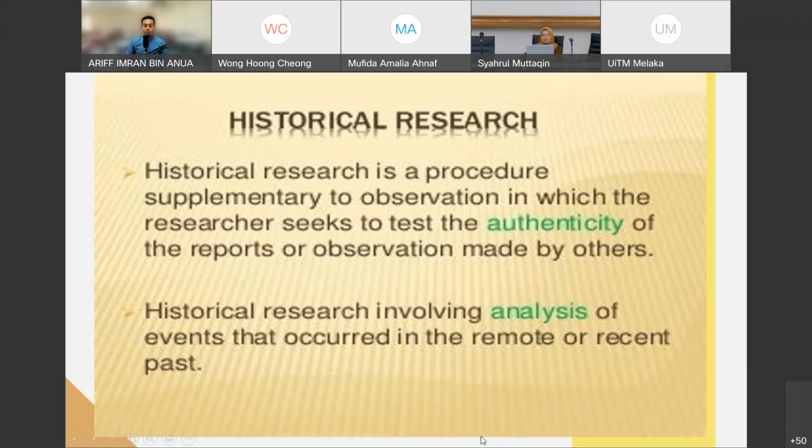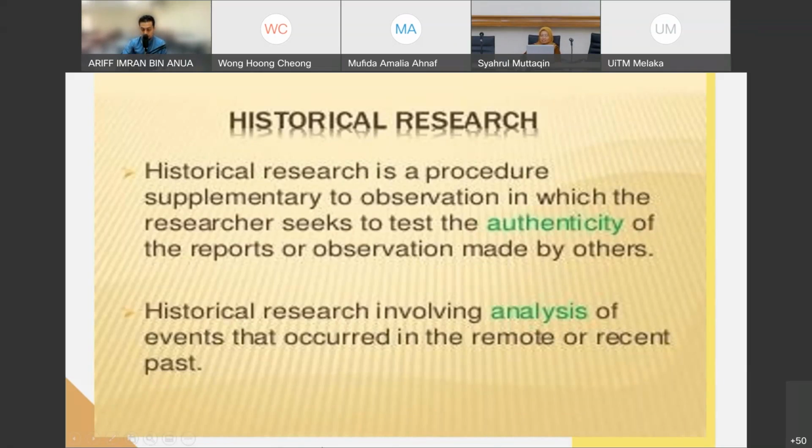And then the next is historical research. It is a procedure supplementary to observation in which researchers seek to test the authenticity of the reports or observations made by others.